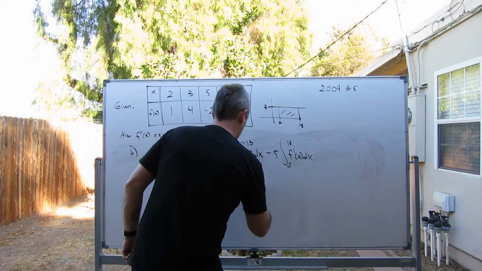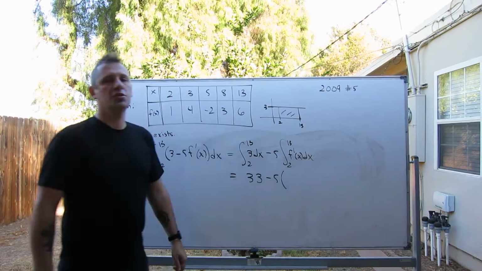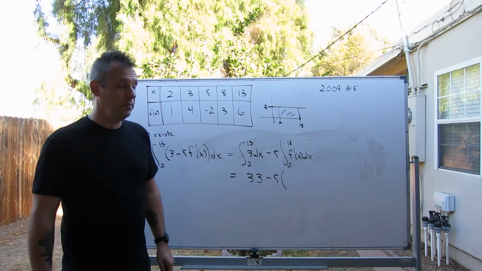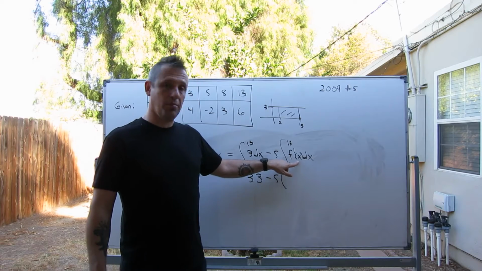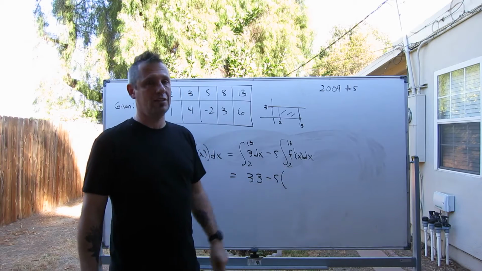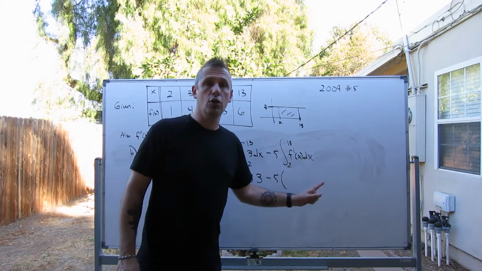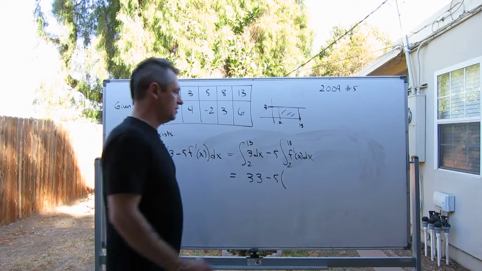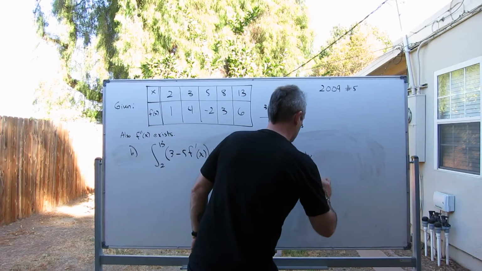So this is 33 minus 5 times, now I use the fundamental theorem of calculus part 1. This equals any antiderivative of f prime, plugging in 13 and subtracting what you get plugging in 2. Any antiderivative of f prime, including f itself. So this is f of x from 2 to 13.